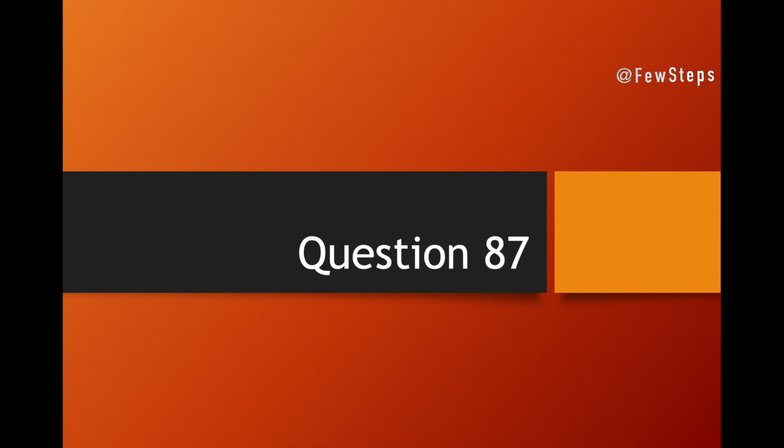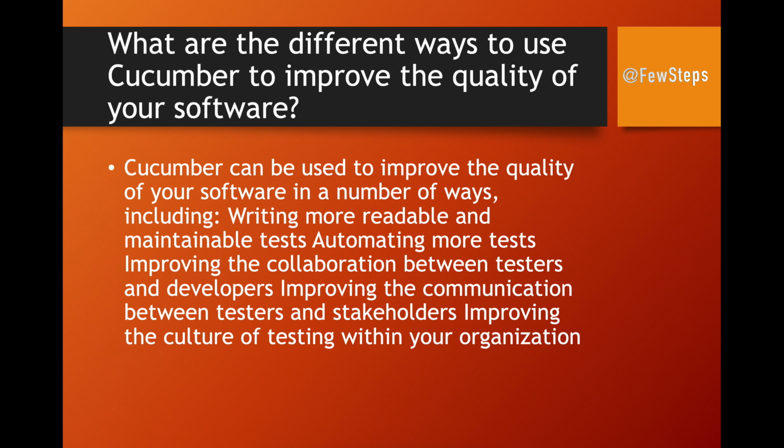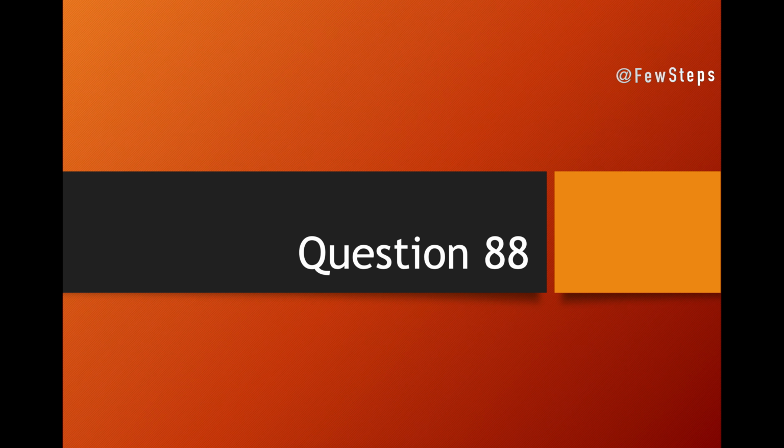Question 87. What are the different ways to use Cucumber to improve the quality of your software? Cucumber can be used to improve the quality of your software in a number of ways, including writing more readable and maintainable tests, automating more tests, improving the collaboration between testers and developers, improving the communication between testers and stakeholders, improving the culture of testing within your organization.